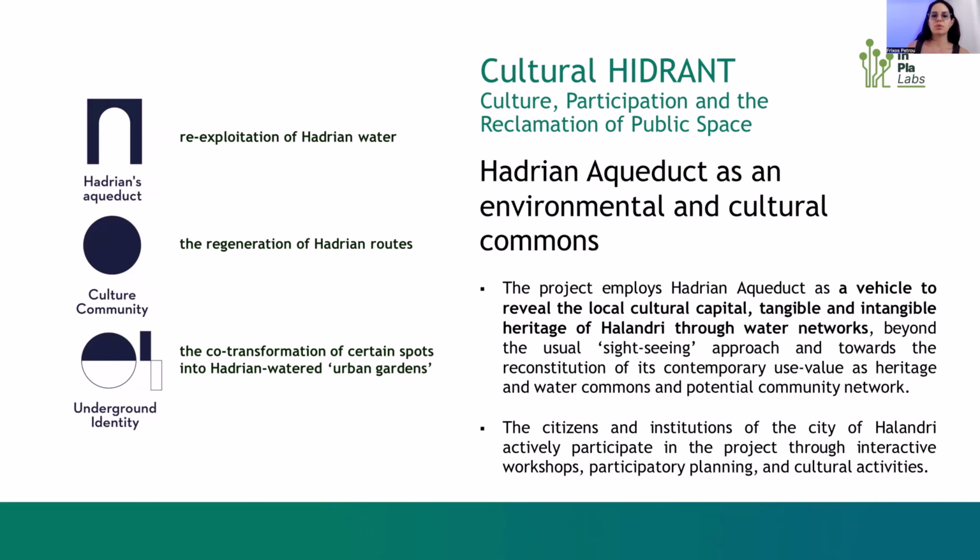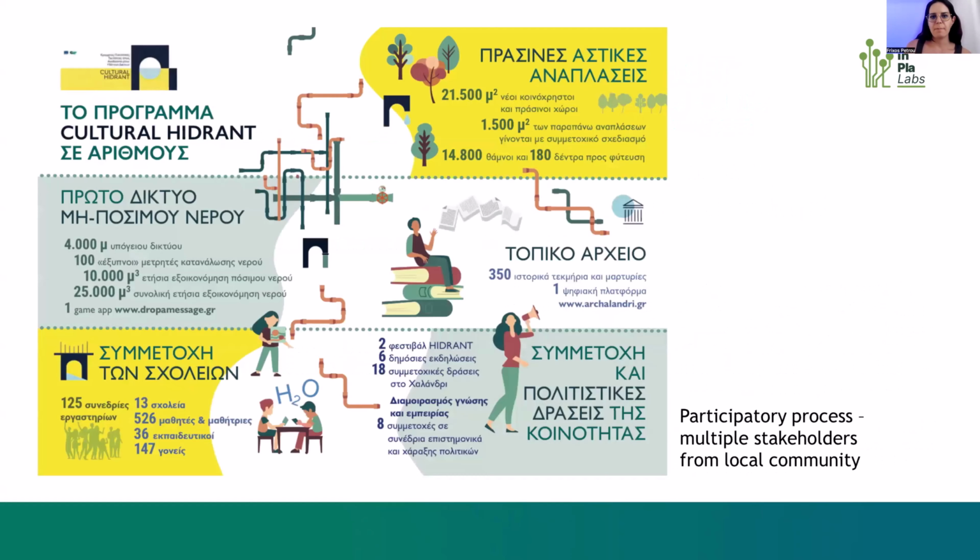In order to understand how this can be realized, several participatory workshops took place, at different levels. We discussed with local authorities, with local municipalities, with ministers, at a policy-making level.